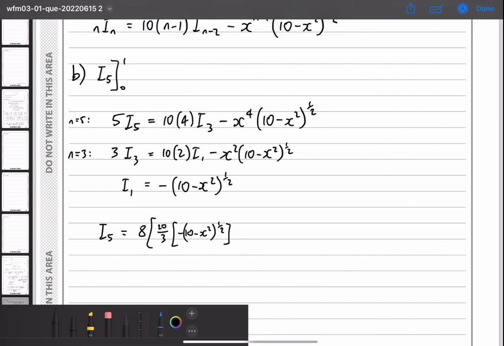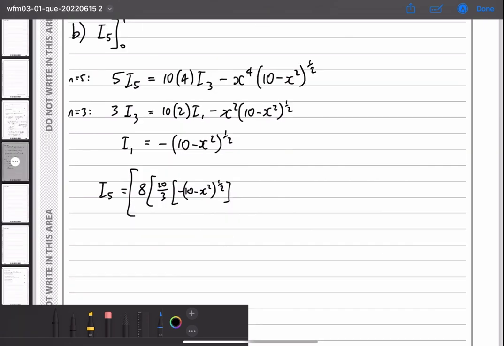So that's I1 going back into I3, which is minus x squared. But don't forget, I've divided everything there by 3 because of the 3 on the left hand side. And then 10 minus x squared to the half, which finishes off I3 in the I5 expression.